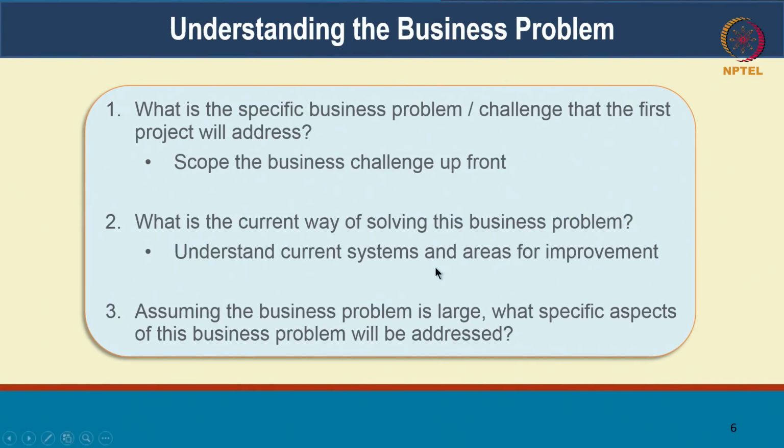So understand what current systems are involved and where systems don't exist, and identify areas of improvement. So that would be the next step. And assuming the business problem is fairly large, then figure out whether some sub-problems can be attempted right away. What specific aspects of the business problem will this first application try to solve? Make your scope of the problem fairly limited.